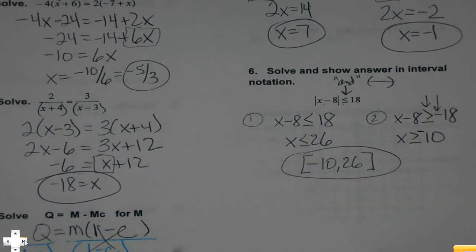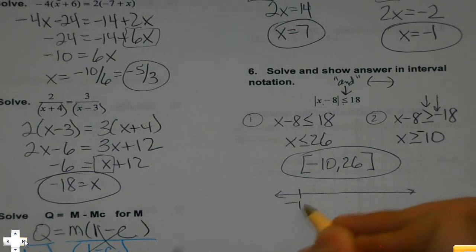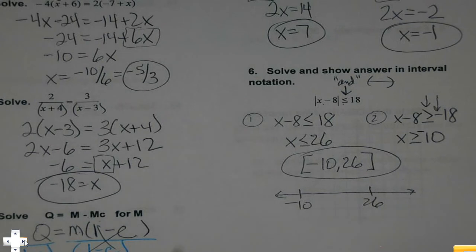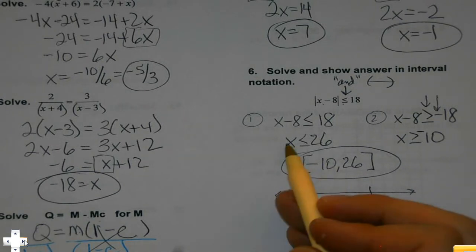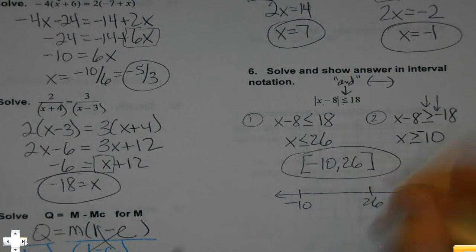But what if I don't? All is not lost. I could always make a quick graph and go, okay, x is less than, which is left, or equal to, a bracket, 26.